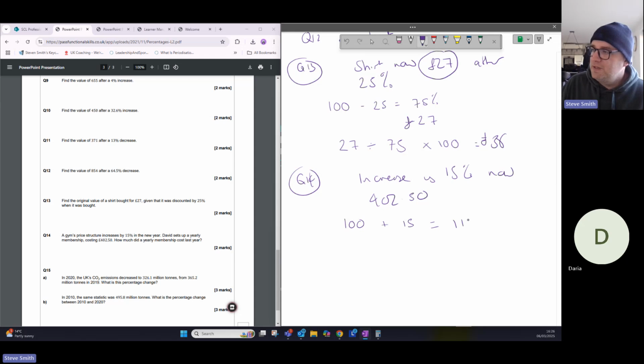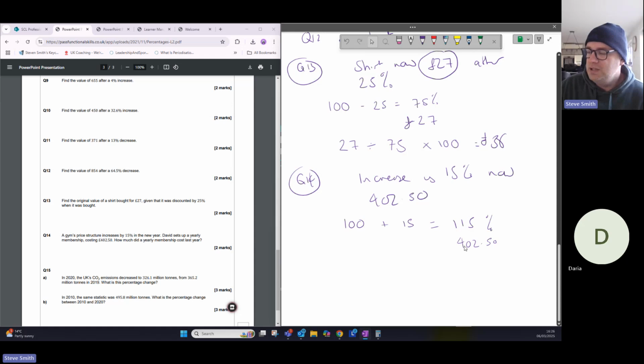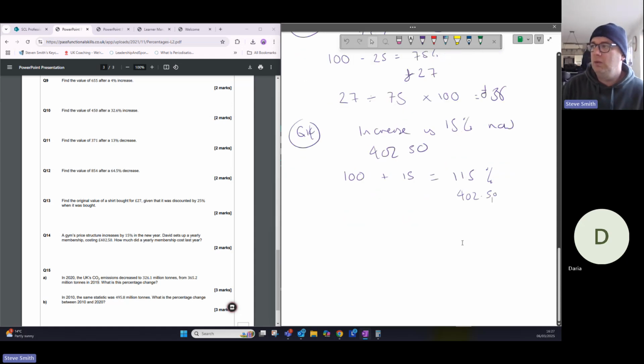So we can see that 115% is now £402.50p. That's saying your new value is your old price added to the 15%, and that is now £402.50.